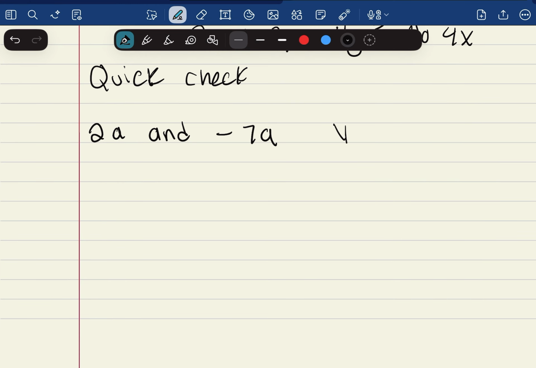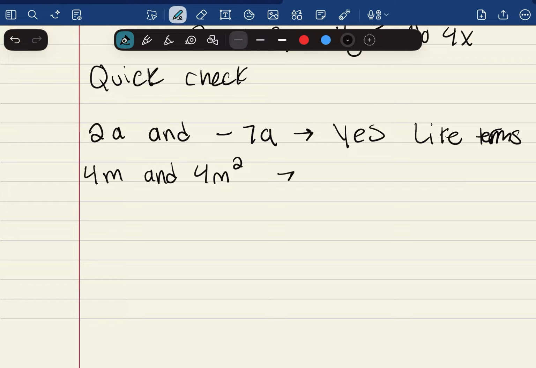Now, okay, I'm going to ask you, are these like terms? Let's do this one. I'm going to give you a second.